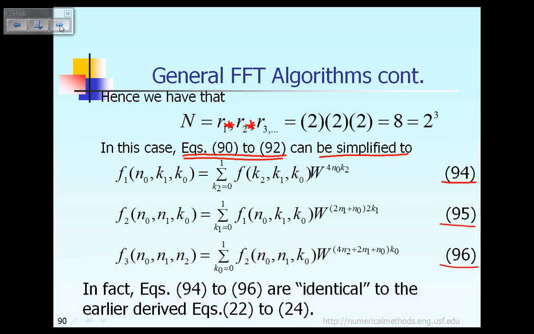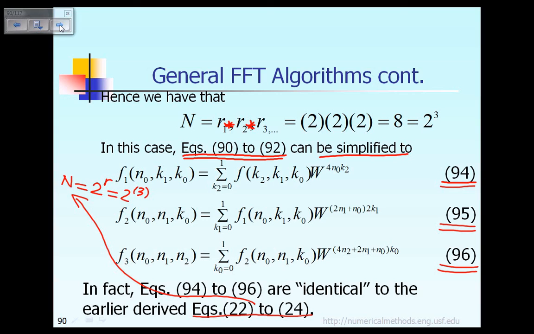If you compare equations 94, 95, and 96 to the equations 22 to 24 that we derived earlier, which were based on capital N equal to 2 raised to the power 3, assuming r equal to 3, they are identical.